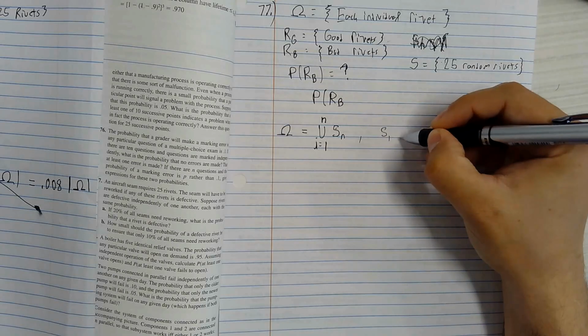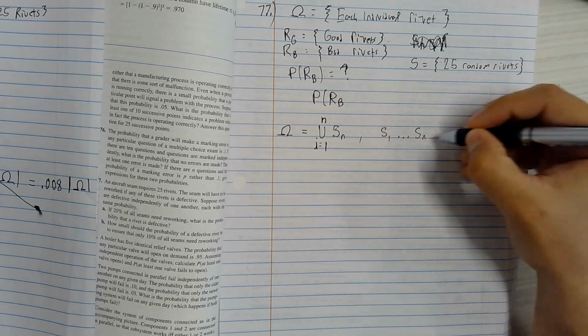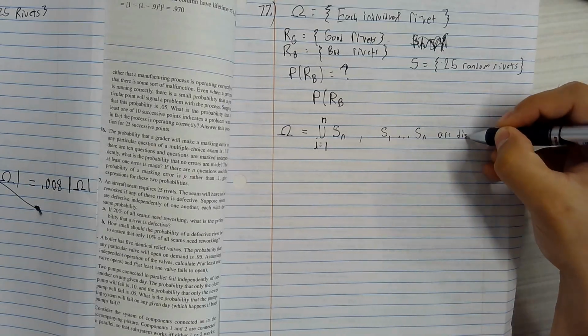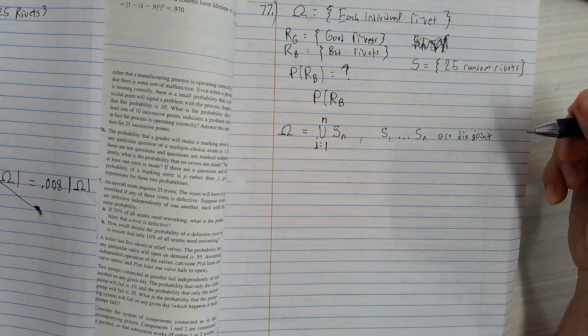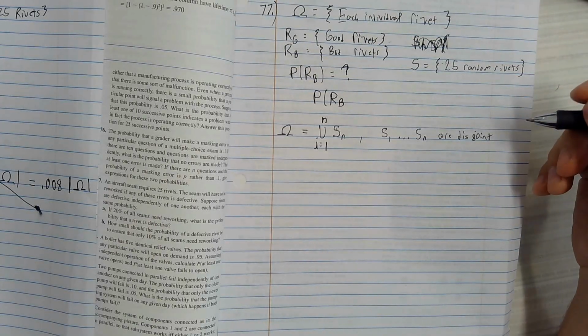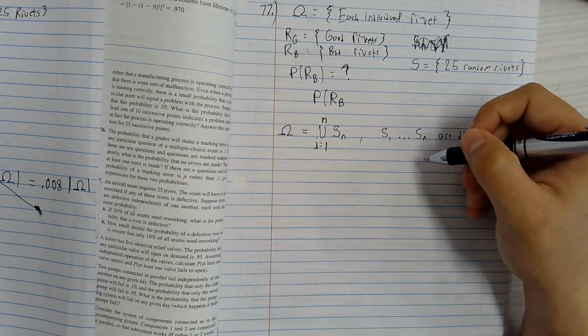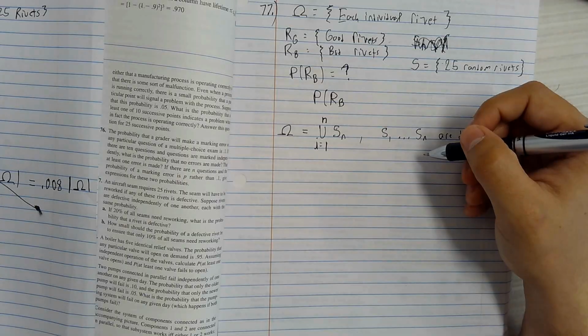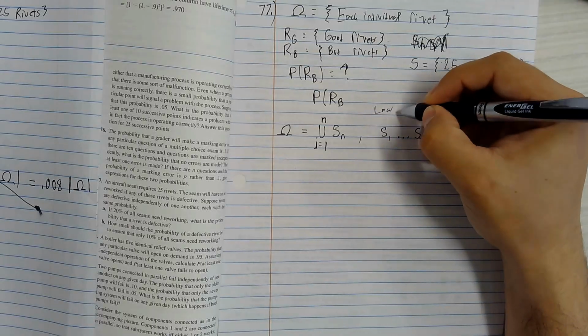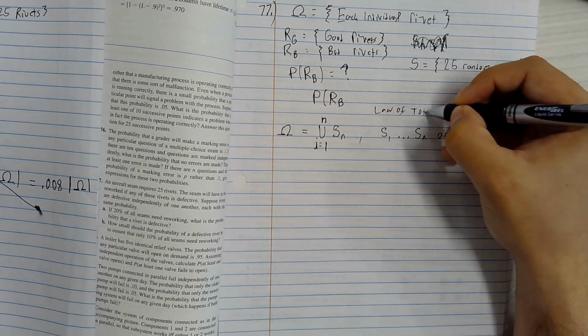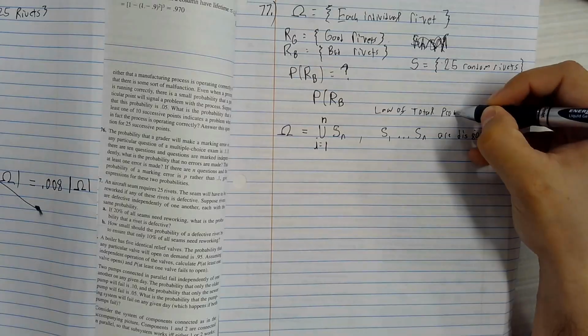And we know that S1 through Sn are disjoint. Therefore, this union should be, according to the law of total probability.